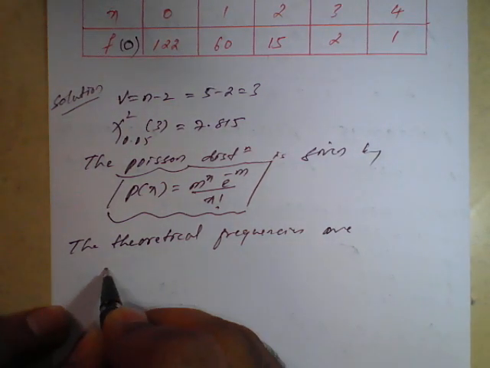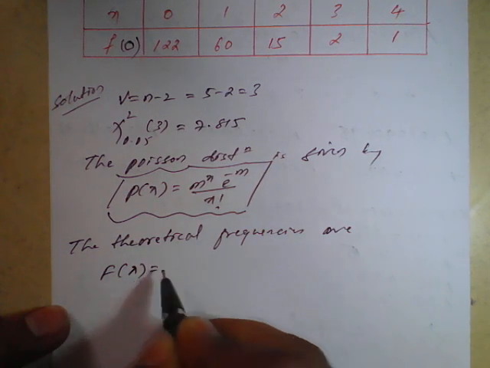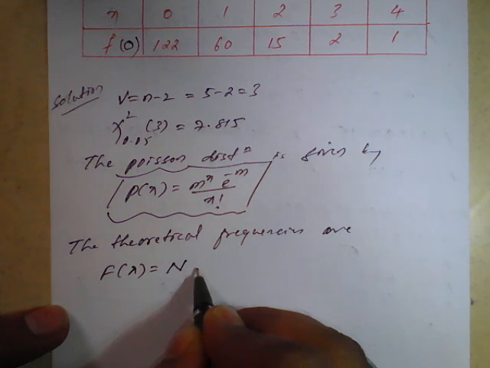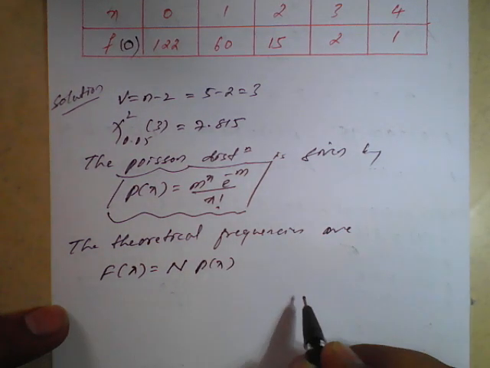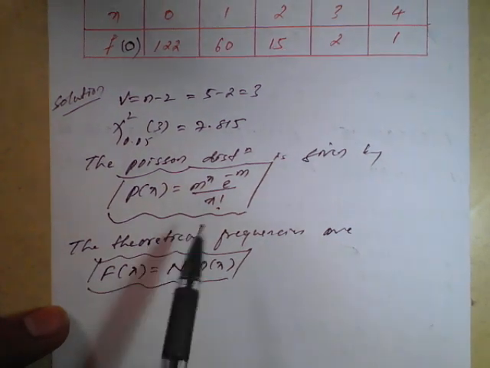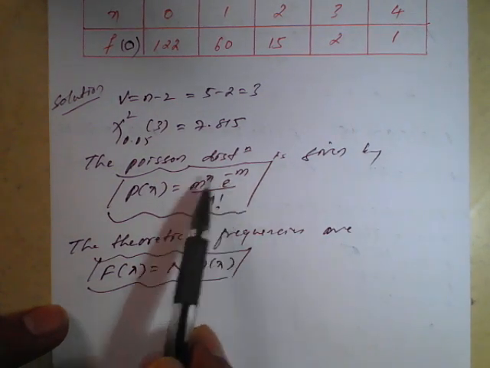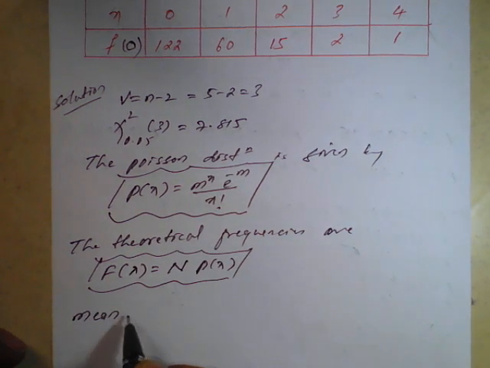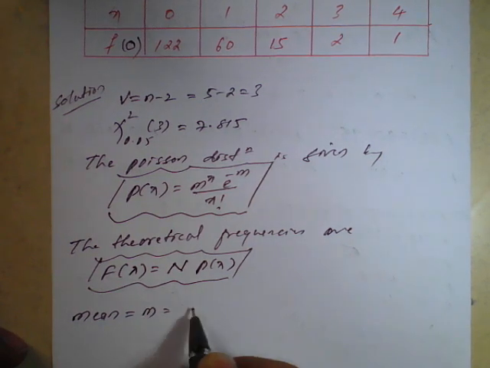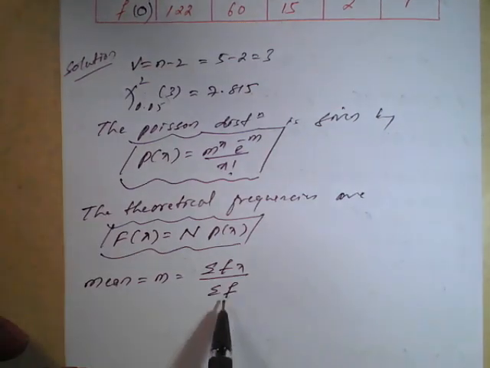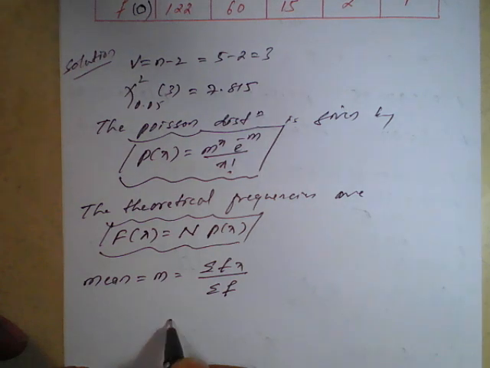The theoretical frequency formula is capital F of x is equal to n into P of x. But we need to calculate what is m. So m is the mean, that is summation of f into x divided by summation of f.